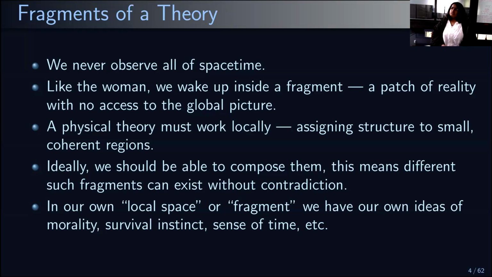But me or you, we will not be able to tell what is globally happening in the universe, or exactly why we are doing what we are doing, or what that is in the grander scheme of things, or how we are contributing. So we never get to really know the global picture of things. The only rule that fragments are supposed to follow is that we should be able to coexist. Really almost nothing else. So a fragment is sort of this local space and this global big picture of things.